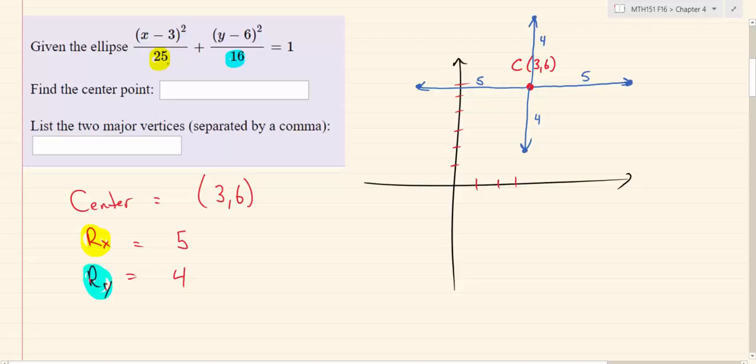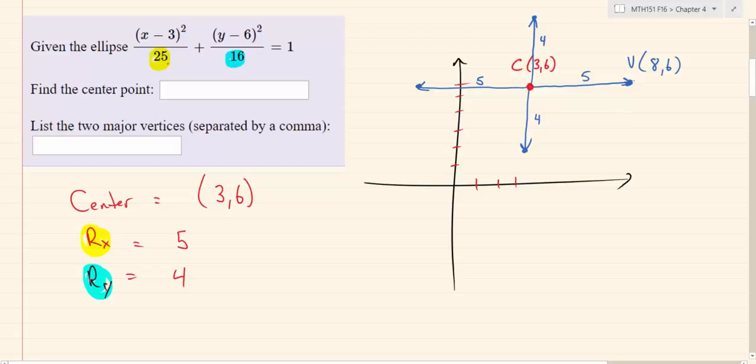Let's label the coordinates of these 4 vertices. This is where you just have to do a little bit of simple math. Let's start with this one right here, the x. So this is a vertex. What are its coordinates? It's 5 units in the x direction, so you added 5 to the x coordinate, which was a 3 to begin with. So it's 8, 6.